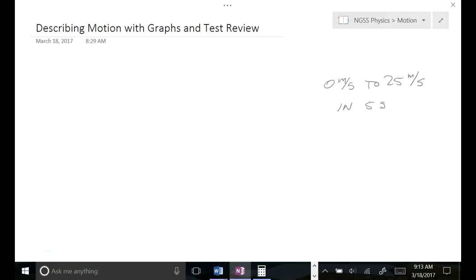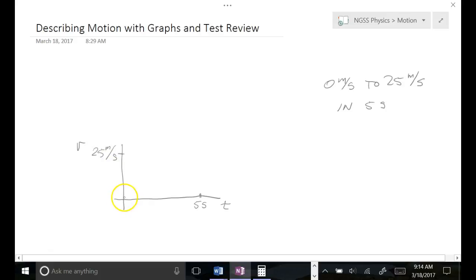Let's take a look. Let's first look at speed or velocity. So this occurs over 5 seconds, and the speed is 25 meters per second.